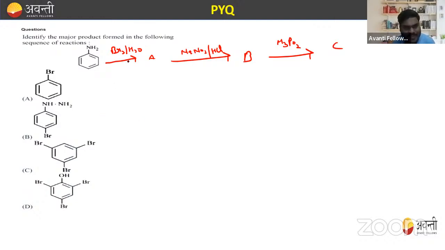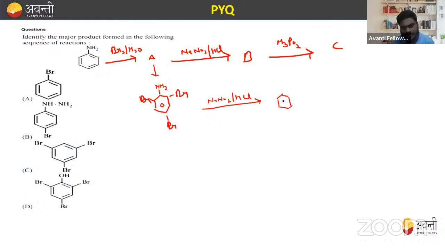So we know that when aniline is treated with aqueous Br2, the formation of 2,4,6-tribromoaniline takes place, right? So this is aniline, with Br, Br, and Br. Now, when this is treated with NaNO2 plus HCl, we know that the NH2 group is converted into diazonium chloride.